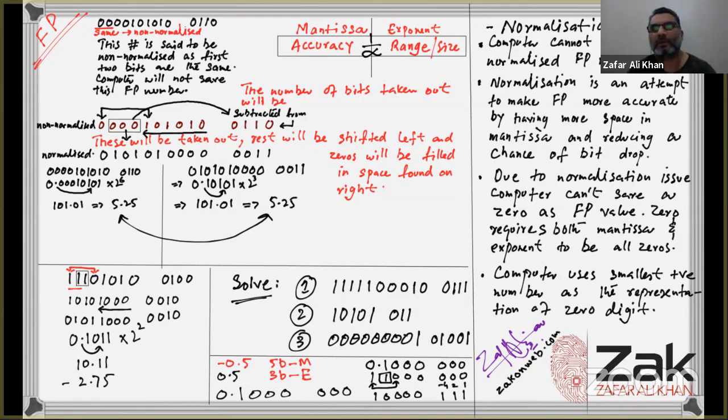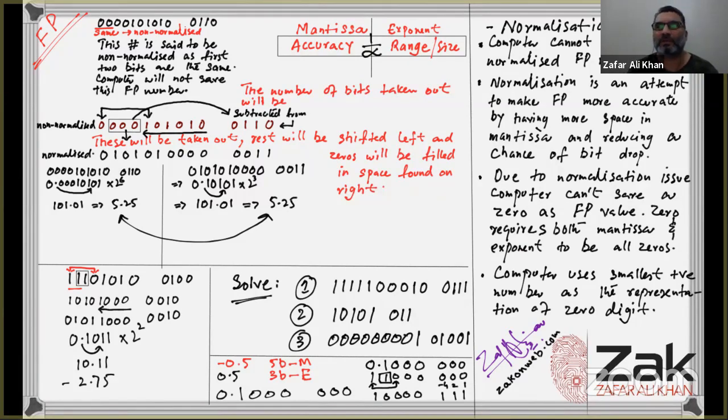If we don't have a one in it, we cannot normalize it because we cannot mark as we marked over here. If we have all zeros, how will we mark which two bits are different? We won't be able to do so, which means that we cannot save 0.